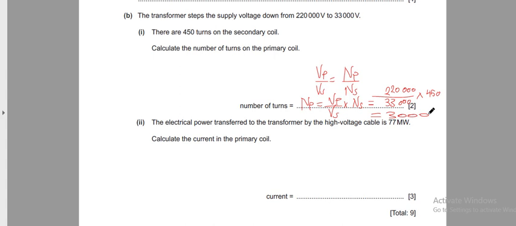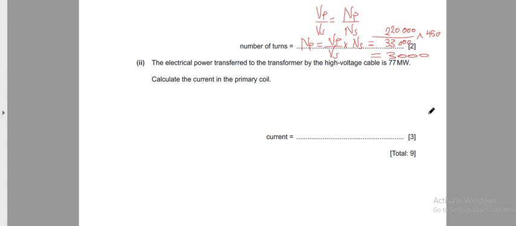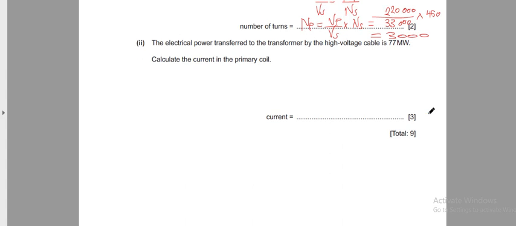The electrical power transferred to the transformer by the high voltage cable is 77 megawatt. Calculate the current in the primary coil.